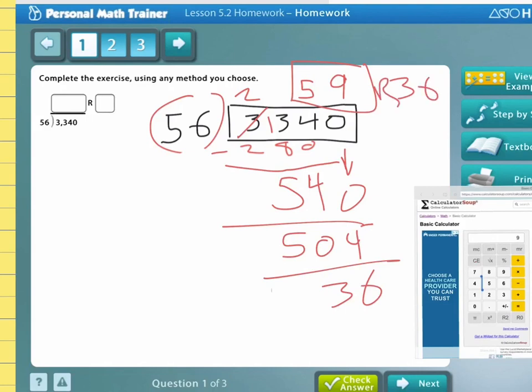Now if I want to check that, I can use my calculator. I go 56 times 59, and then I add 36. Let's try that.